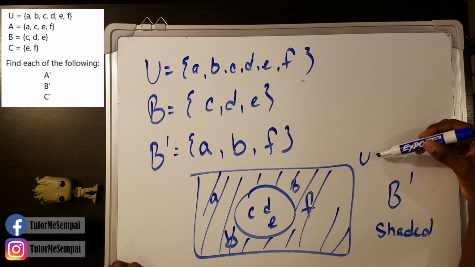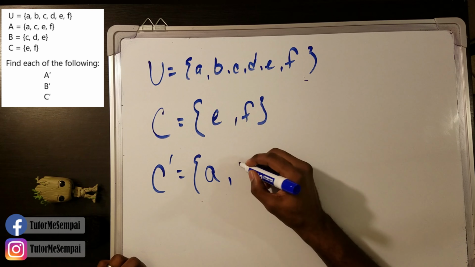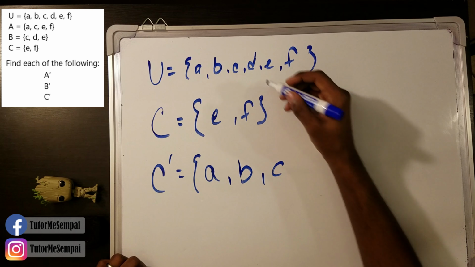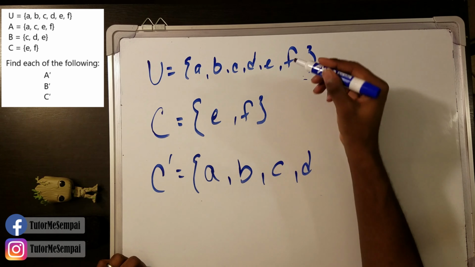How about set C? What is C complement? Is A in C? No, so we want that. How about B? Nope. C? Nope. D? Nope. E? Yes. So we don't write that. F? Yes. We don't write that at all.